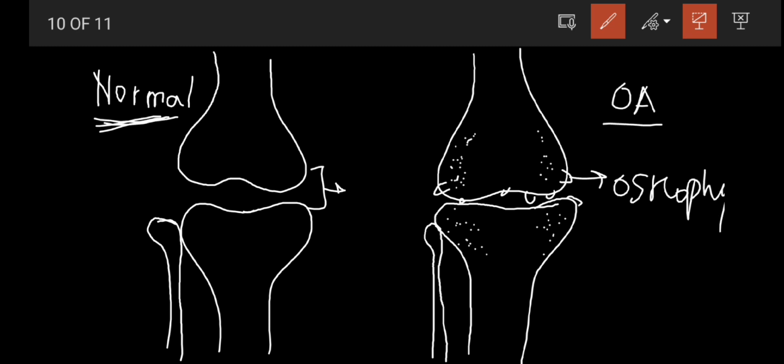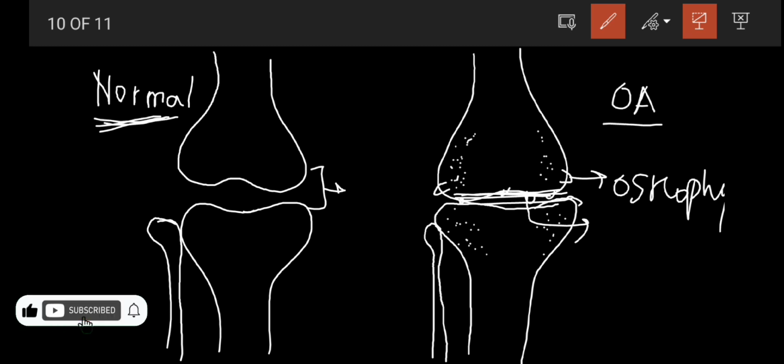Along with these there will be sclerosis, and also asymmetrical narrowing of the joint space, which has reduced due to the uneven distribution of the load and the stress. Because of this uneven distribution, there will be pain and synovial thickening, which will cause stiffness of the joint, and movement is restricted due to the pain.